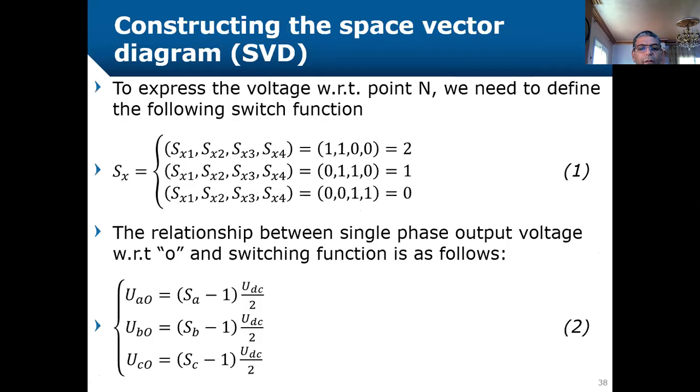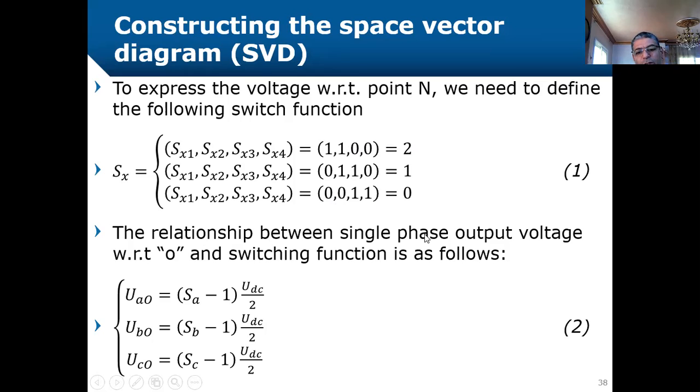Then to express the voltage with respect to the point O, we need to define the following switching function, Sx. We give 3 combinations or 3 states, as we say, P, O and N, and each state is given a number: 2, 1, 0.